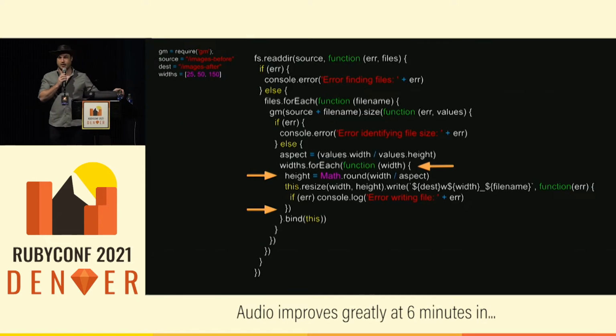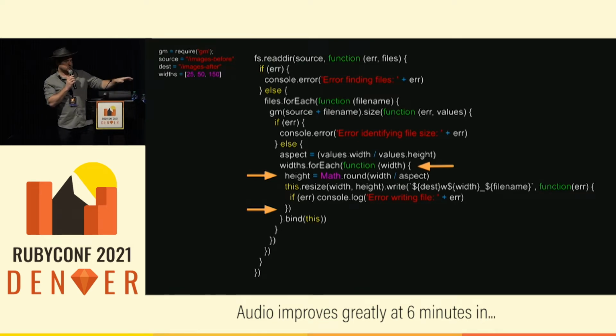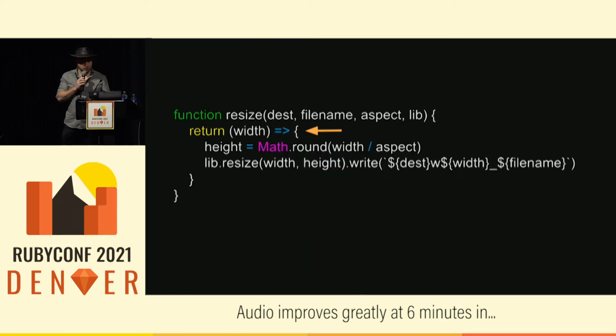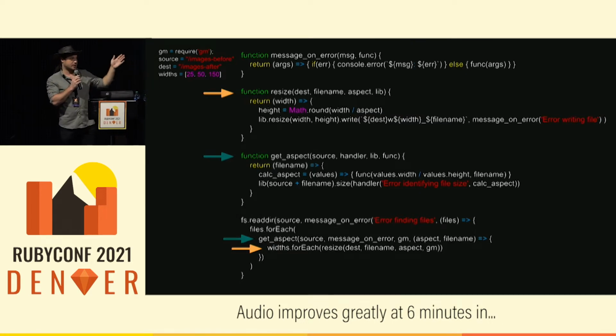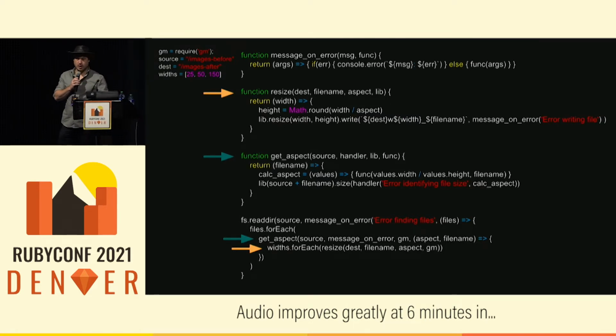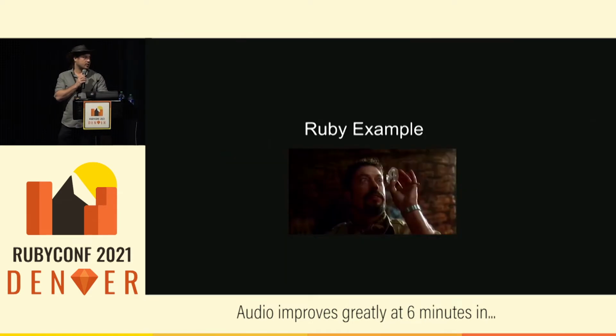Then I pulled out the bit that does the image resizing, placed it there. And now at the bottom, I've got this really handy little block of code that really eloquently describes everything that I'm doing. All of my code blocks are named, right? Read the directory for each file, get the aspect ratio for each width, resize. Much more legible than before.